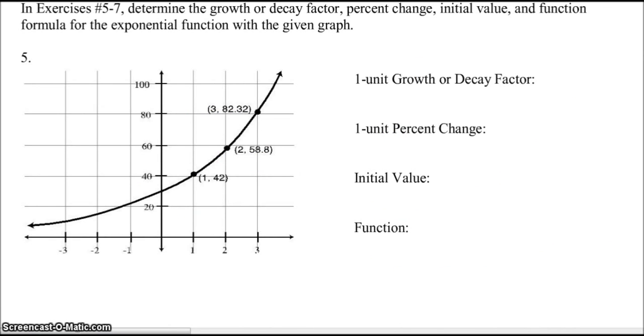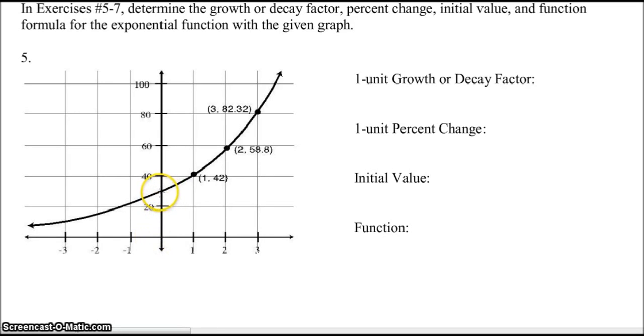In exercises numbers 5 through 7, determine the growth or decay factor, percent change, initial value, and function formula for the exponential function with the given graph. So right away, I notice a few things here. The initial value looks to be about 30.